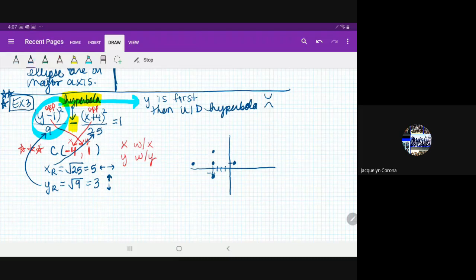Okay, and then you're going to draw a dashed box connecting those dots. So you're going to draw a box. And then you're going to draw the asymptotes. And remember, the part inside the box is not as important as the outside. So everybody always draws their asymptotes too short. So you want your asymptotes longer than you would think you would.